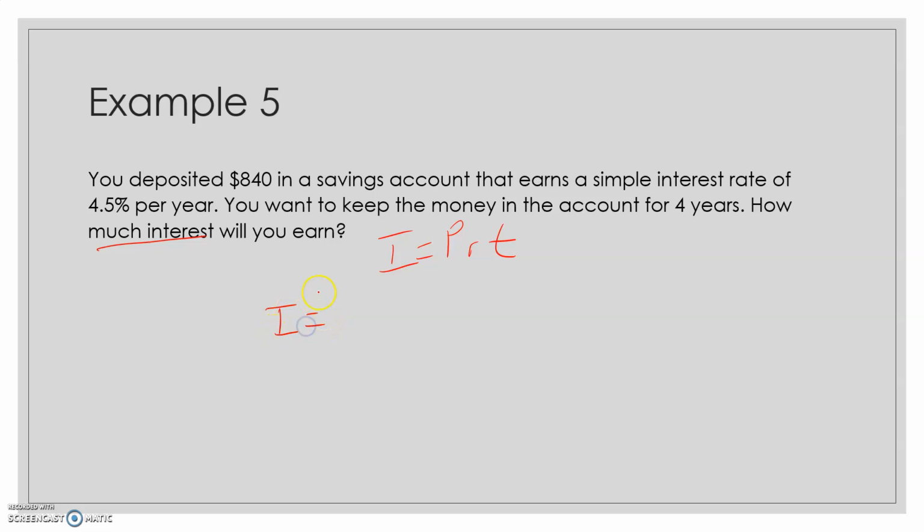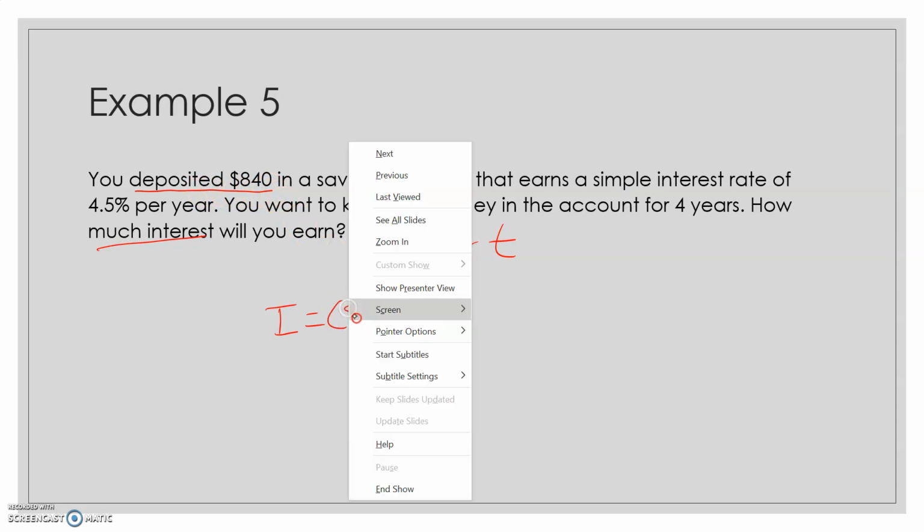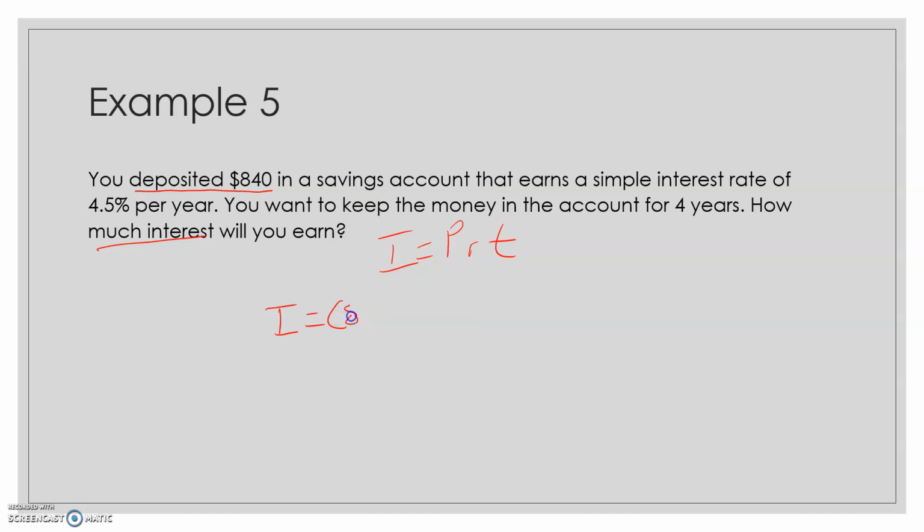Equals P, our principal, the original amount borrowed. In this case, you're saving money, so the original amount that you put in, the original amount that was borrowed by the bank, by the savings account, is $840. So that's our P that we put in the problem. Next is R. R is our rate. It tells us that we're going to make 4.5%.